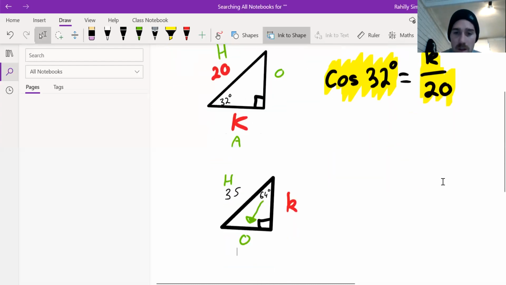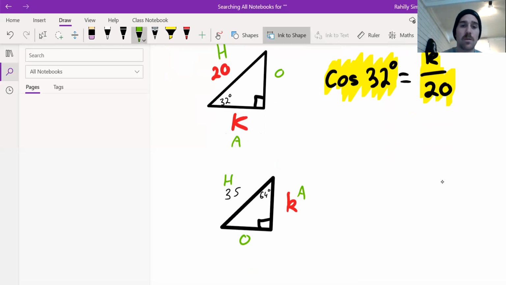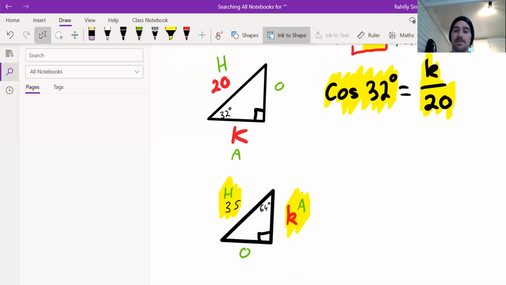And then our last one is our adjacent. Okay, so we need to determine which ones we're going to use. We don't have a value for opposite at all. We do have a value for our hypotenuse, for our H, and we do have a value for our A. So again, we're going to use A and H, which is cos again.